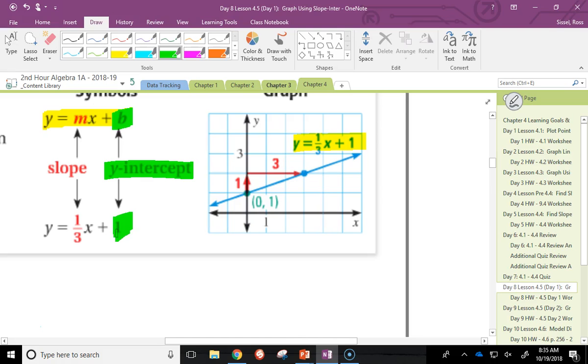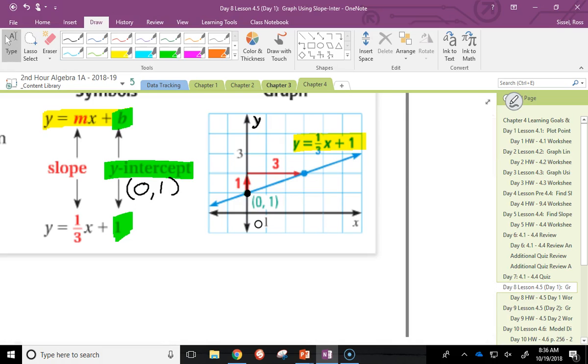So that tells me my y-intercept coordinates: x is 0, y is 1. This is our y axis right here. So I go up 1, and remember, intercept means where it's crossed the line. So that dot has crossed our y at 0, 1. They even have the coordinates set.